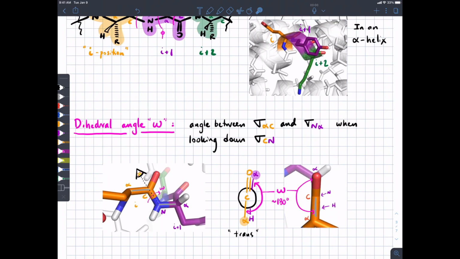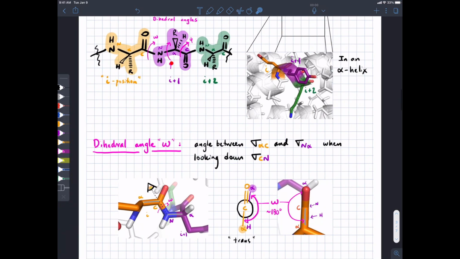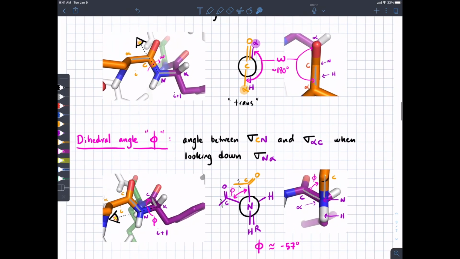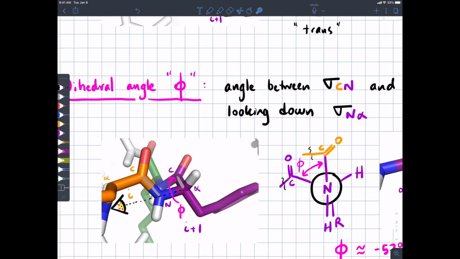Okay, now we're going to look at phi, and I think we're going to look down the angle between purple nitrogen and alpha carbon. So this is the phi dihedral angle. And I will post these notes, so if you're not able to get it down clearly, you're not going to draw this. So you'll have access to these things. The dihedral angle phi is if we look down this bond between amide nitrogen and alpha carbon.